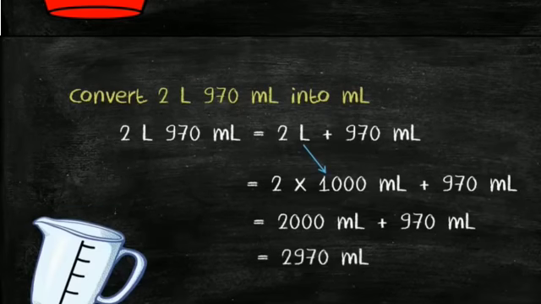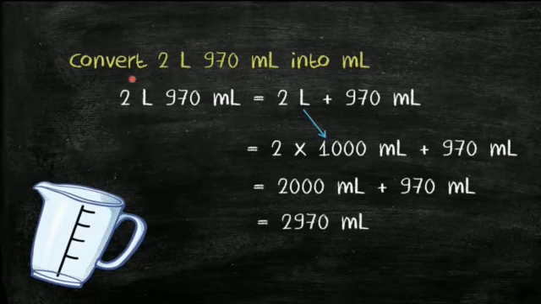Let's see one more example. Convert 2 liter 970 milliliter into milliliter. That means we will write it as a sum, 2 liter plus 970 milliliter. As per the formula, we will convert this liter into milliliter.